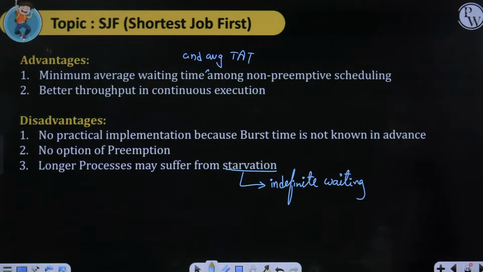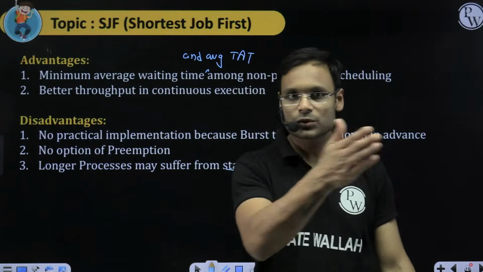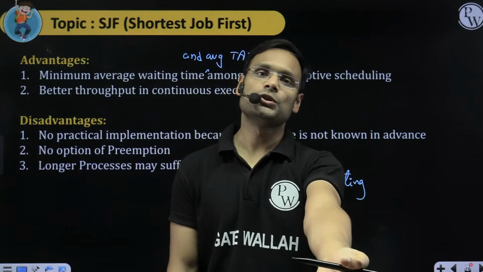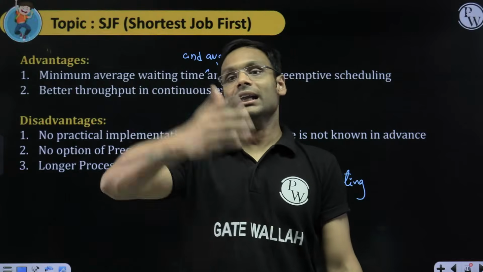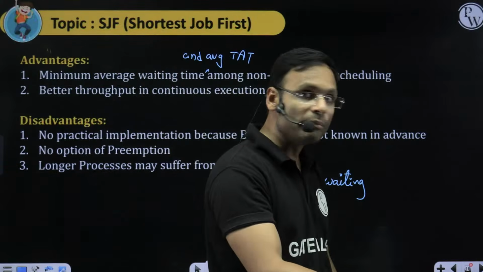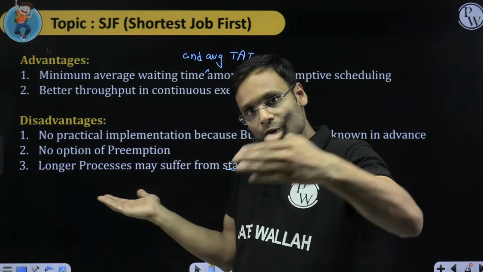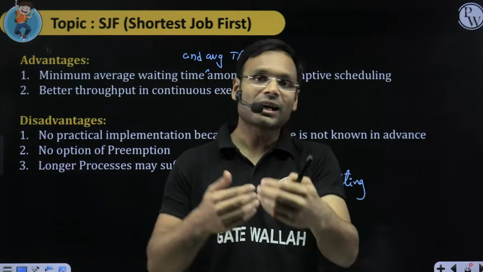But this indefinite waiting does not happen in FCFS. Why? Because in whichever order processes come, they will eventually get the CPU. A process that arrived already and is waiting for long will not have later-arriving processes execute before it. Here in SJF, a later-arriving process may run before it because of the criteria.